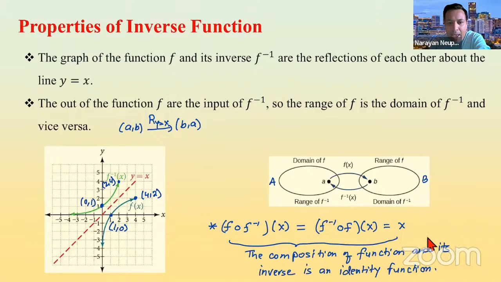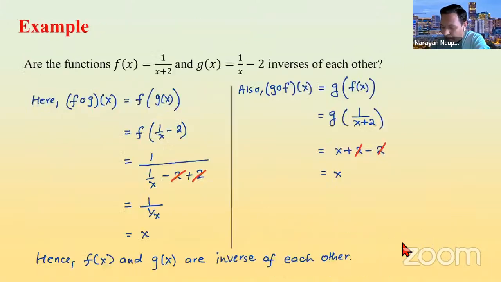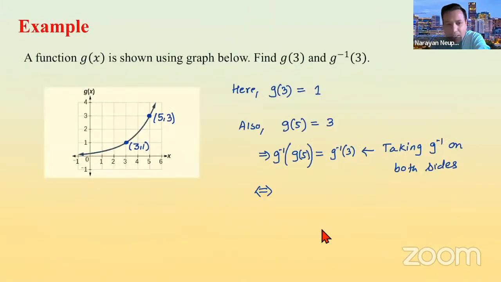If it is a, it will also be a. Same thing here: we have g inverse g, the composition of a function and its inverse, of 5. So this whole value is equal to 5. So 5 is equal to g inverse 3. The answer for the second part is g inverse 3 is 5.